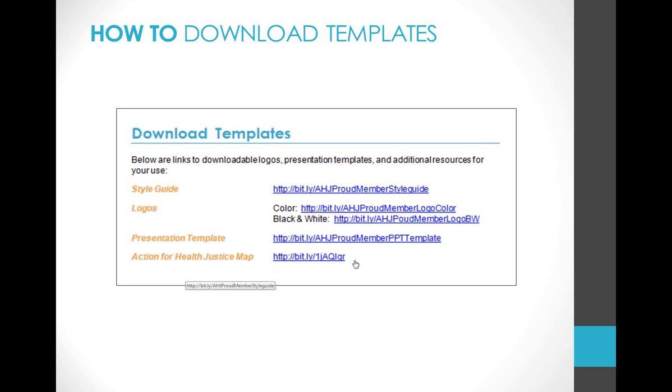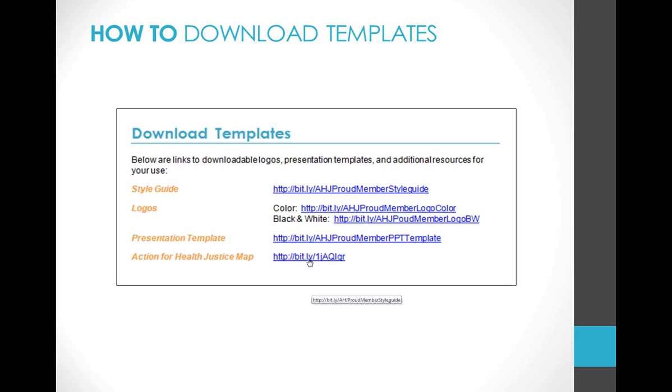And then lastly, there is an Action for Health Justice map. I actually don't have it in this presentation, but you can access it through the style guide. It illustrates every state that all of our partners are in doing ACA work, so it's a very helpful guide. It also shows the population of AAs and NHPIs in each of those states, and it's there for your use.